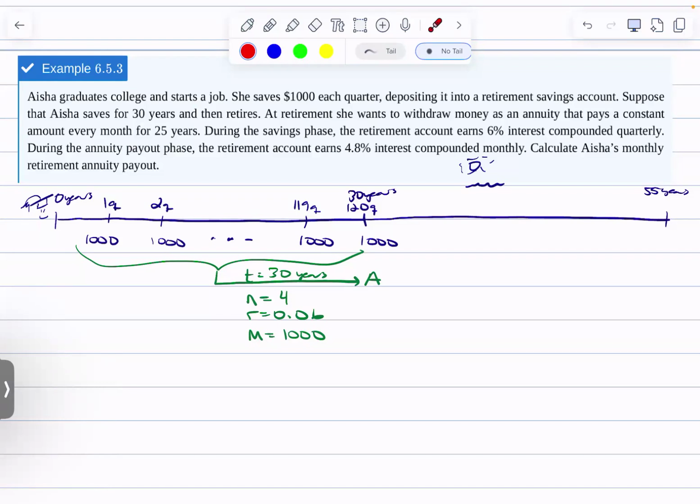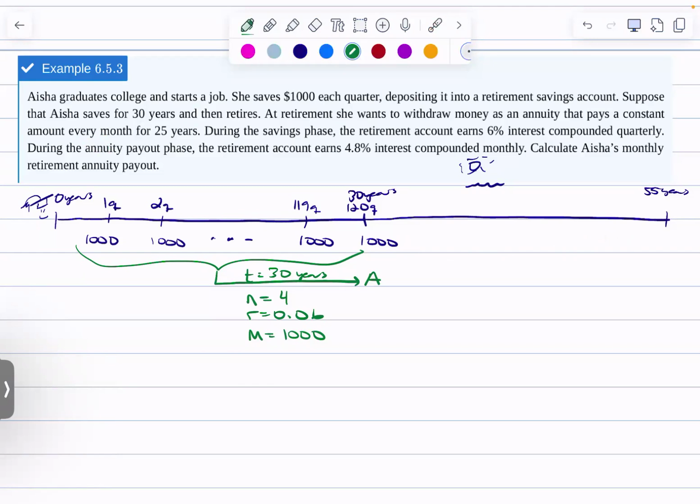Now, the next 25 years, she wants a constant amount every month. So now we have changed it to monthly payments.